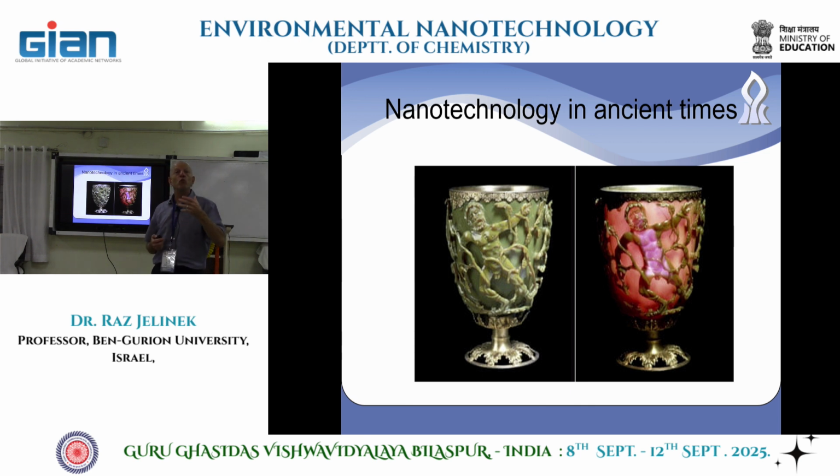It's called fluorescence. So they saw the phenomenon. They did not know why. Today, we know that this is a nanomaterial inside this cup. So we had nanomaterial even 2,000 years ago.